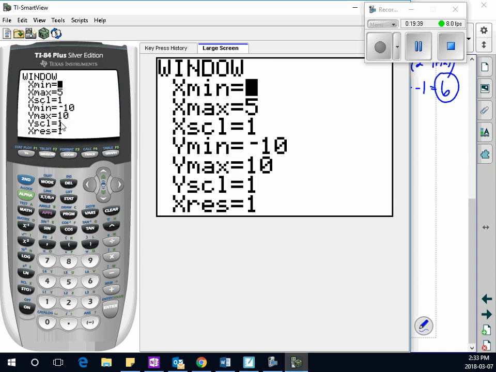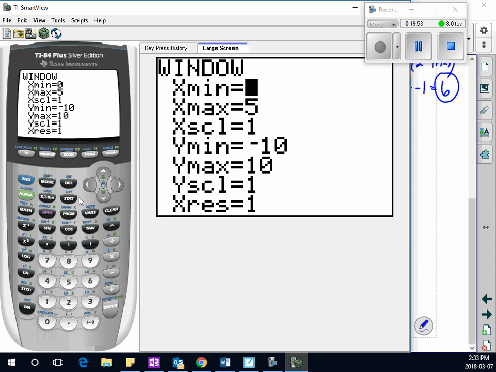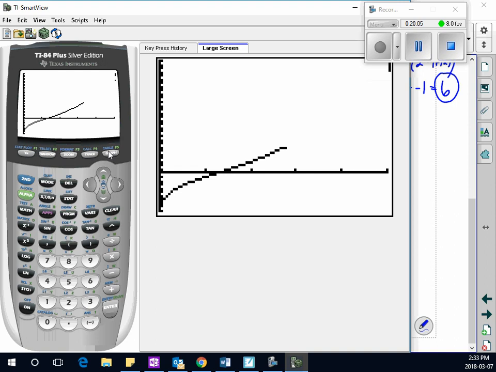Since this is only from 0 to 5, I need to go from, say, negative 8. So you could say negative 10 to 30 for your window settings for Y. So now I can see the whole graph window that I need to know.